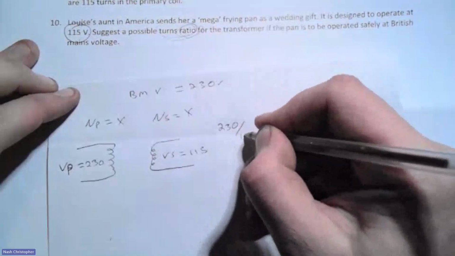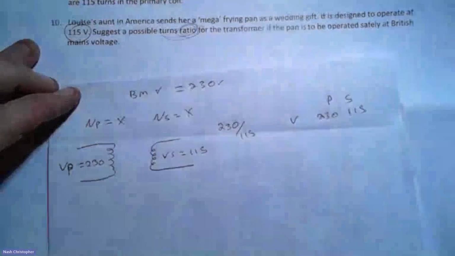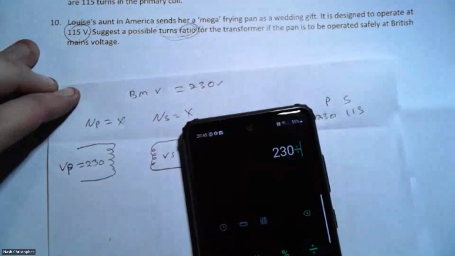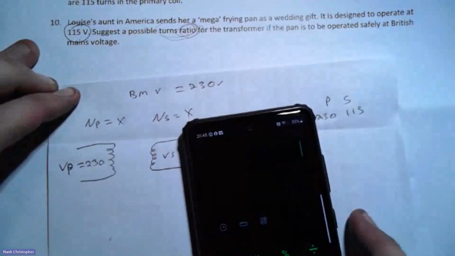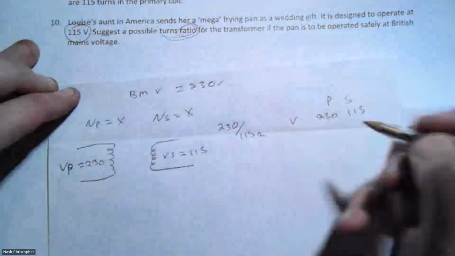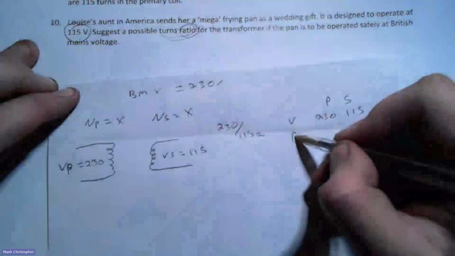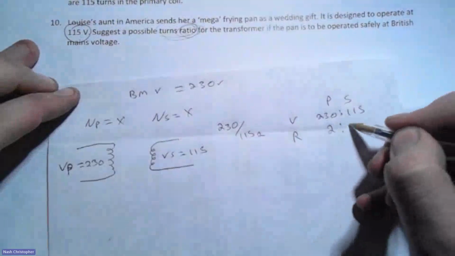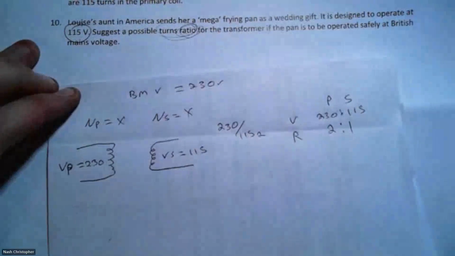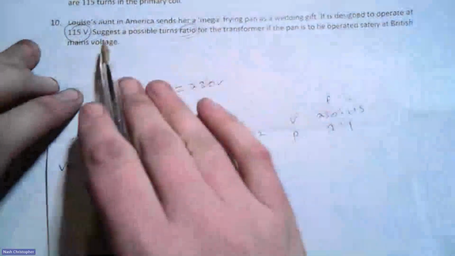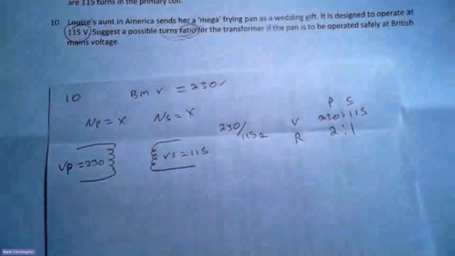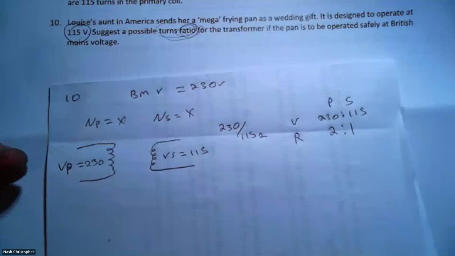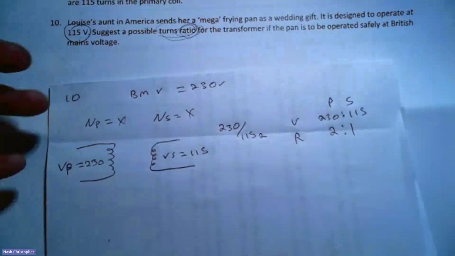Primary is 230, secondary is 115. 230 divided by 115 is 2. So your ratio, hopefully you can see, is 2 to 1. So that question is just purely asking about the ratio. It's not bothered about the number of turns because it hasn't given you a value for the number of turns.